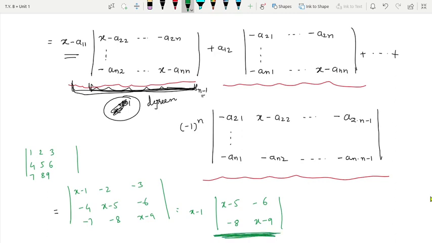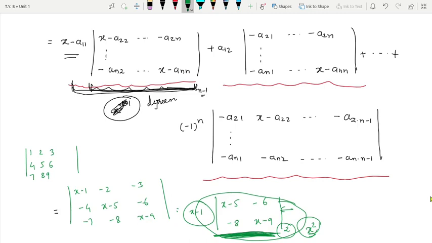You can say each row and each column contains x. The order of the determinant is 2. So when you find this determinant, you are going to get a polynomial of degree 2. Is that okay? And further it is multiplied by x minus 1. So the first term is going to give you a polynomial of degree 3.